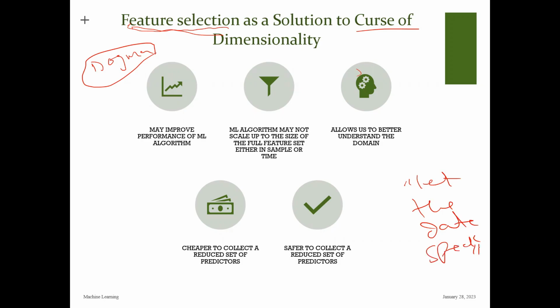Let the data speak. So you might use feature selection with the ordinary correlation coefficient. Just find the correlation coefficient between the input and the output, and then those features that had the highest correlation, you can select them. It might work for you. In another area, it might not. There might be some features that are interrelated.